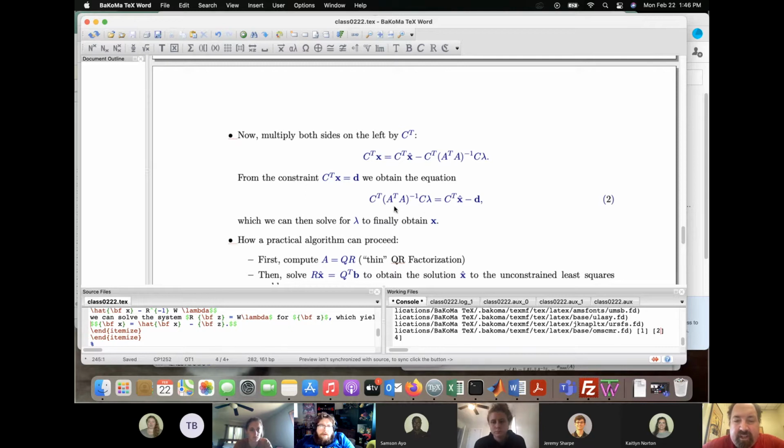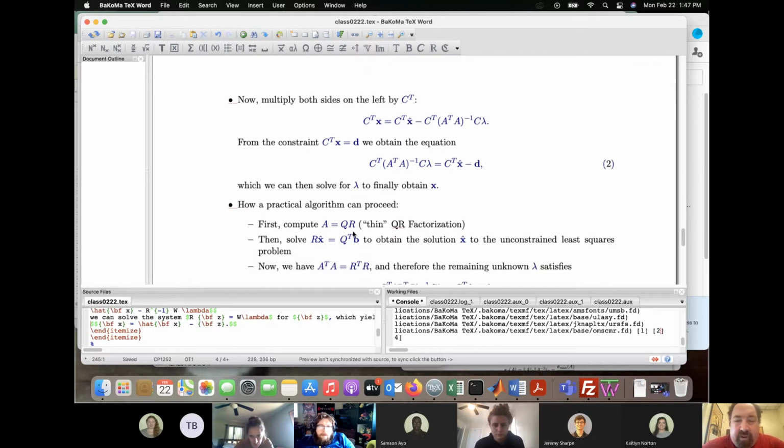You don't want to actually compute A transpose A in MATLAB and then compute its inverse, because one of the things you're seeing in the homework is A transpose A can be very ill-conditioned. That's why we do all this instead, using QR factorization. So you don't want to solve a system involving a matrix transpose times itself just as is. Use something like a QR or also a Cholesky decomposition, and that leads to a more numerically stable way of solving.